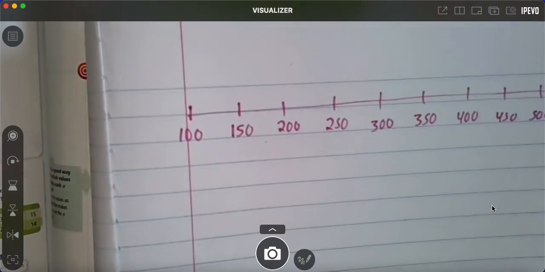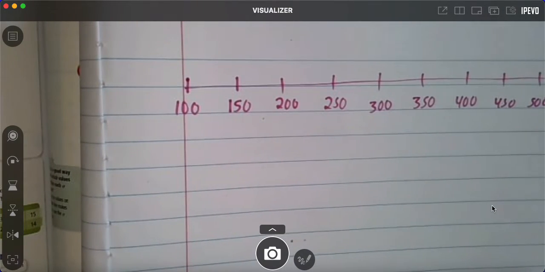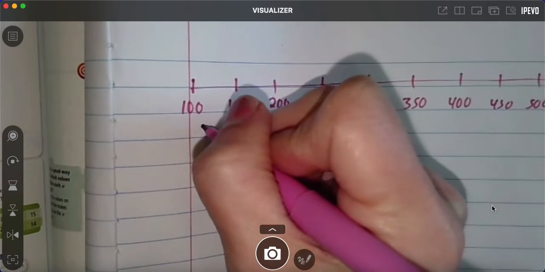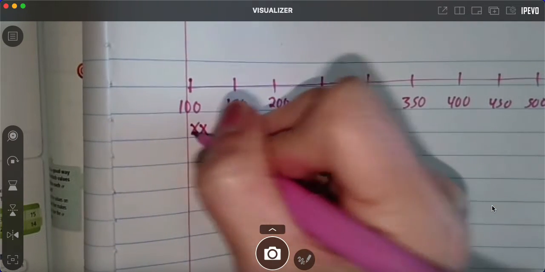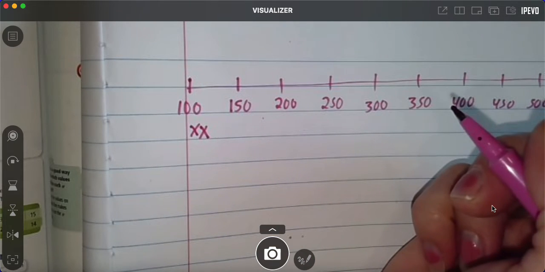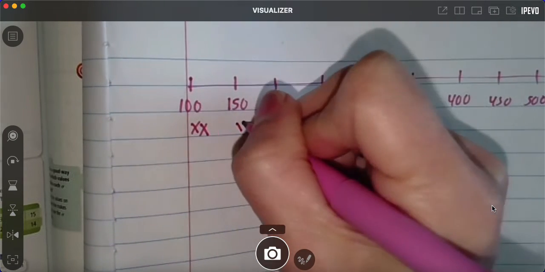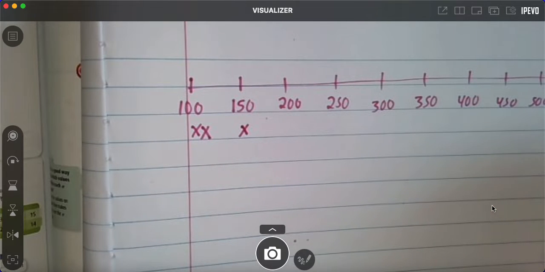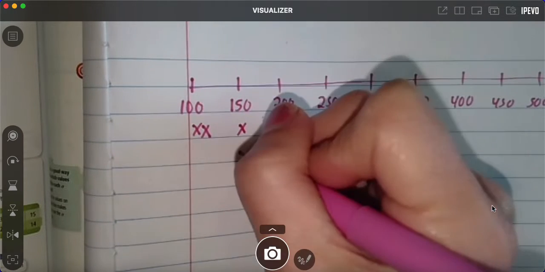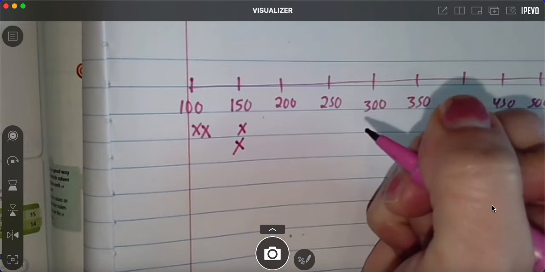Okay, so now I'm looking again at number 9, 124. That's about right here. 113. That's about right there. 152. 545. So you just put X's. I'm just putting X's about where they go. 150.